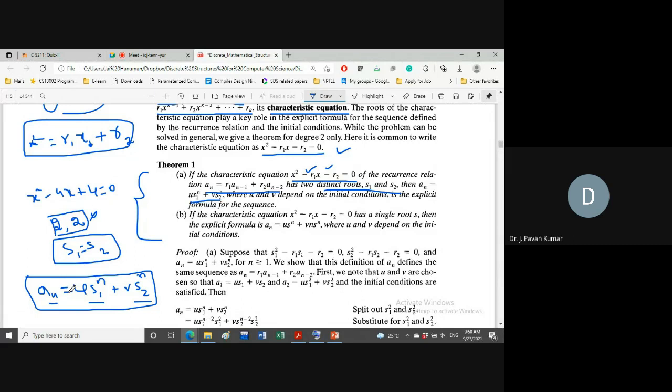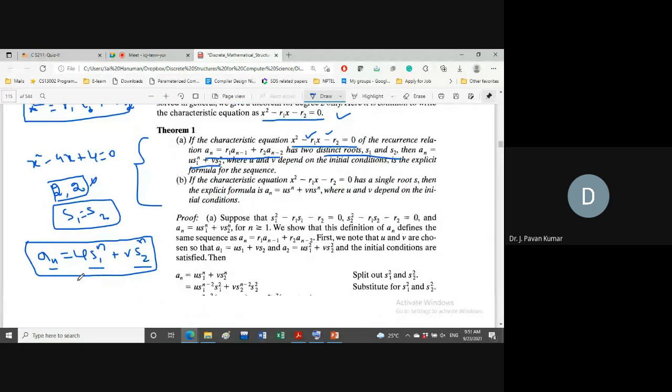So these are the initial conditions, or another term we use, base cases. Consider the factorial program that can be solved using recursion. Factorial of 1 we know as 1, so the first number in the sequence is 1. Factorial of 2 is 2. These two values we know. Based upon these two values, we will obtain the values of U and V.